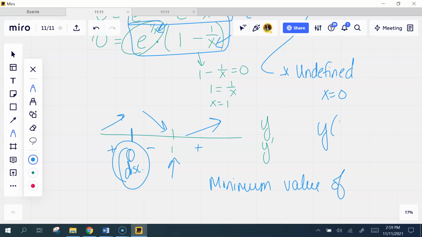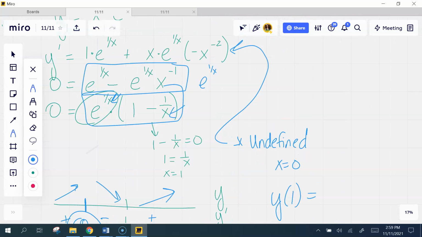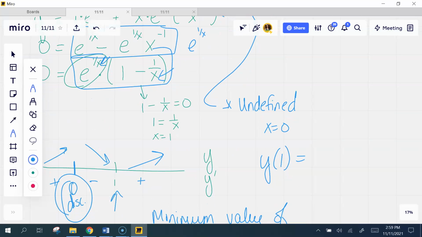So I need to find y of 1. So again, back to the original equation, which is x times e to the 1 over x, and I plug 1 in there and I get 1 times e to the first, which is just e.